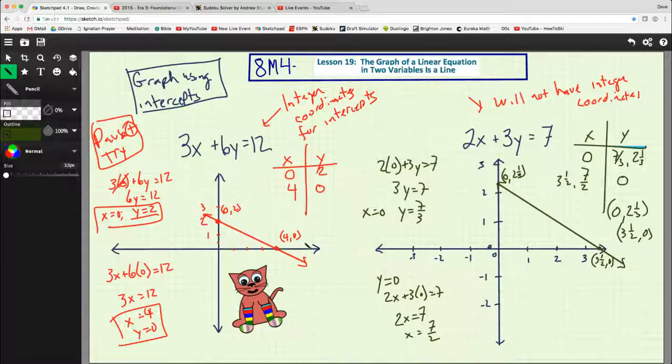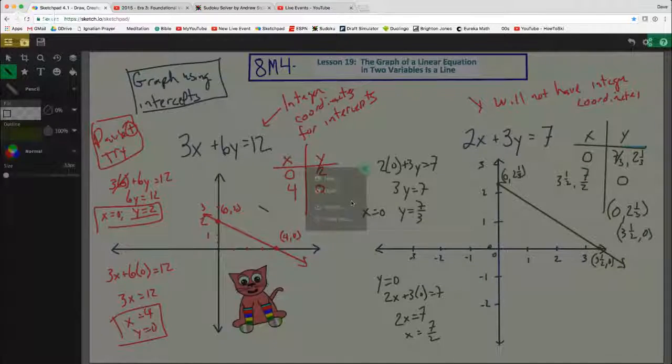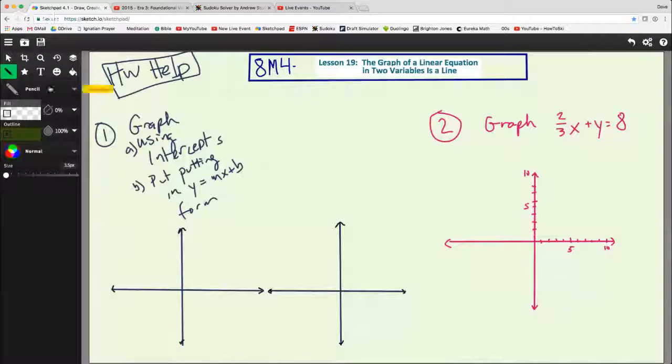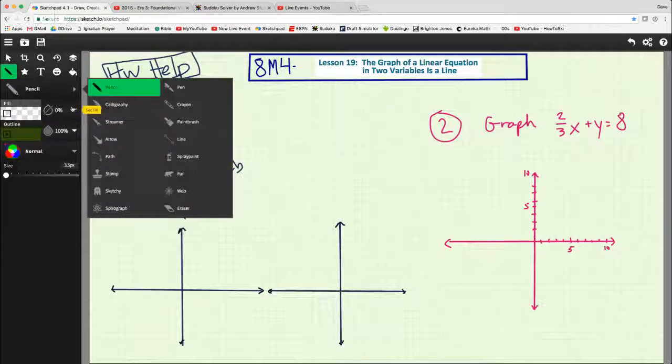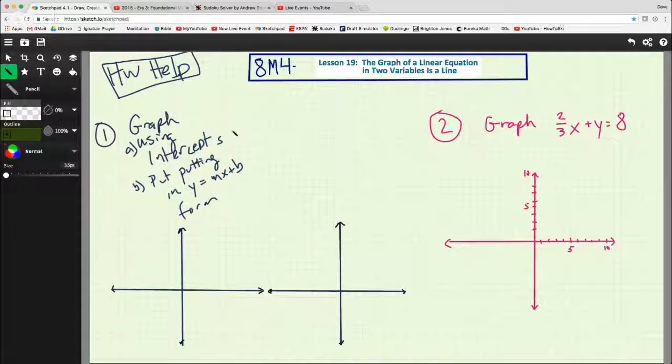Okay, so what we're going to do now is move along and go into homework help. This is our homework help section, and we are going to graph some lines using various methods. I didn't actually write this one on here, so we're going to put our equation that we're graphing here.